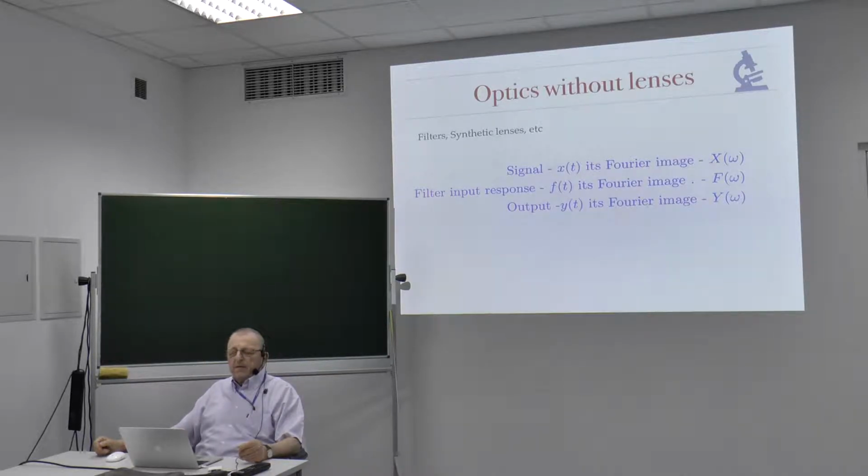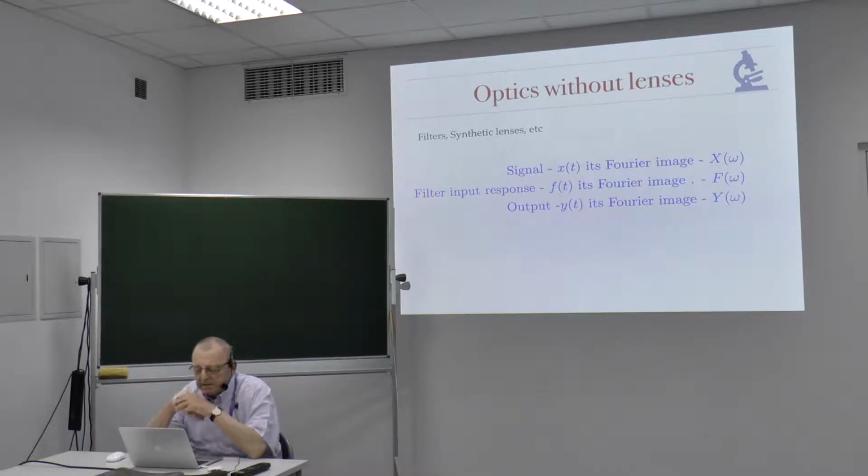If I am discussing a time domain description of a signal, it will be little x, which depends on time, the output will be little y depending on time, and the filter will be little f, which is also depending on time.